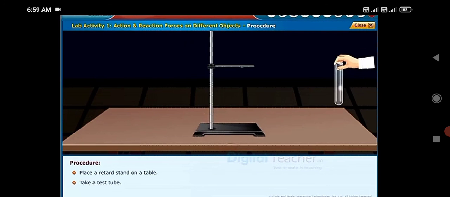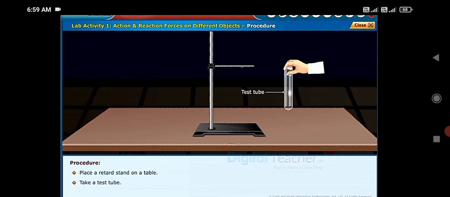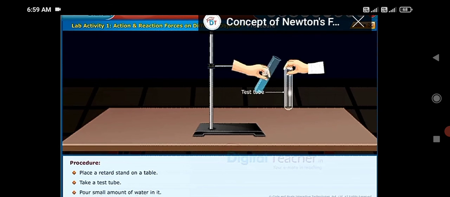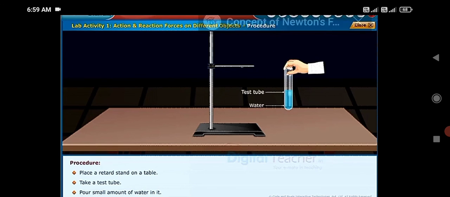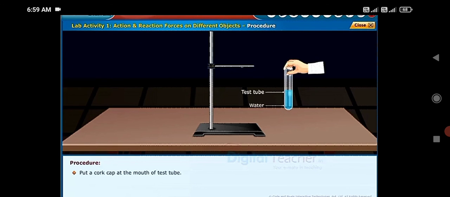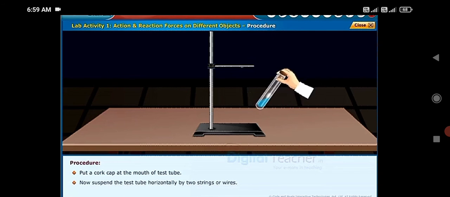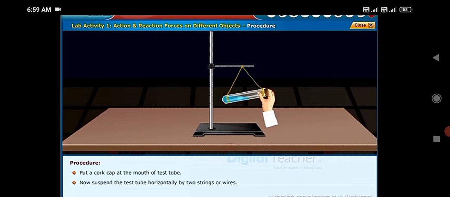Take a test tube filled with some chemical like copper sulfate, or water, or soap solution. Hold the test tube on the burette stand. Next, fix the mouth of the tube with a cork attached to the stand.